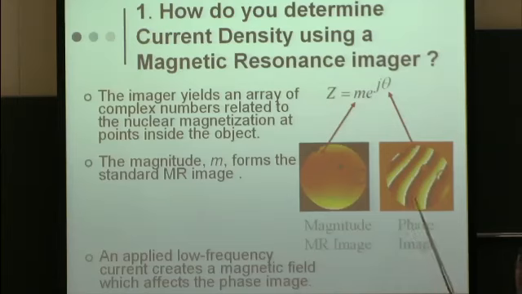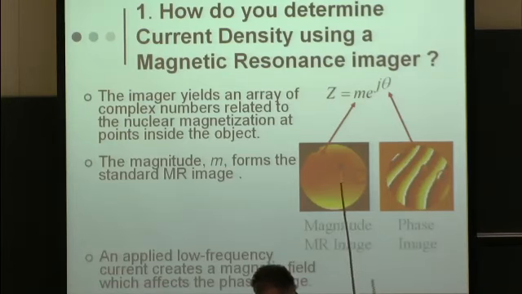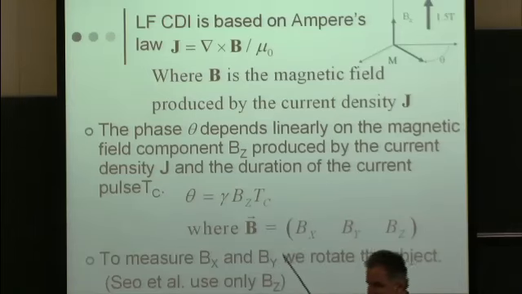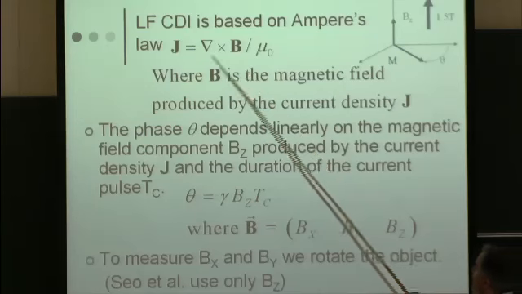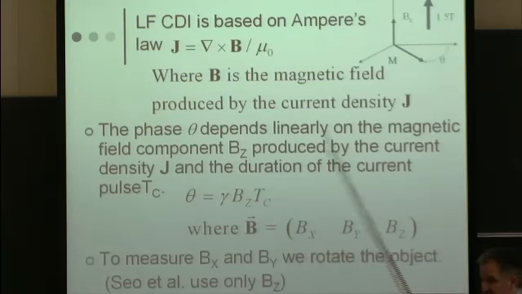And that's why by subtracting the picture we get with the current applied and the one without, in the phase image, we will learn about the size of the applied magnetic field corresponding to our current. And once you have the magnetic field, you have Ampere's law, which gives you back the current.